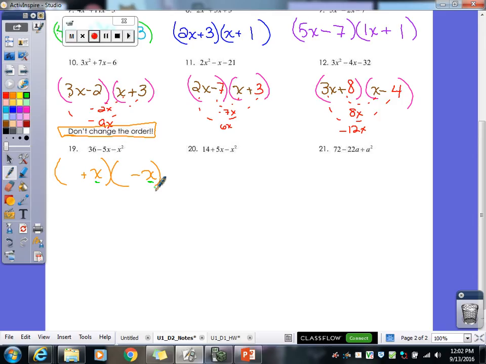So what multiplies to give us a 36, but when I combine them could give me a 5. 9 and 4. So we still have to check to make sure it's in the right spot because I want to get a negative 5. So my little smile would give me a positive 4x. Big smile would give me a negative 9x. So yes, I would still get my negative 5x.